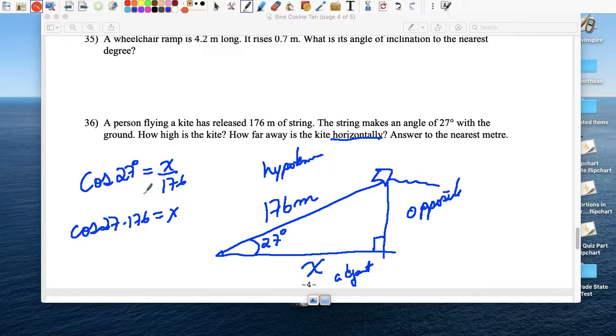Cosine of 27 is 0.8910065524, which you multiply by 176. And x equals, to the nearest meter, 157 meters. And that should be it.